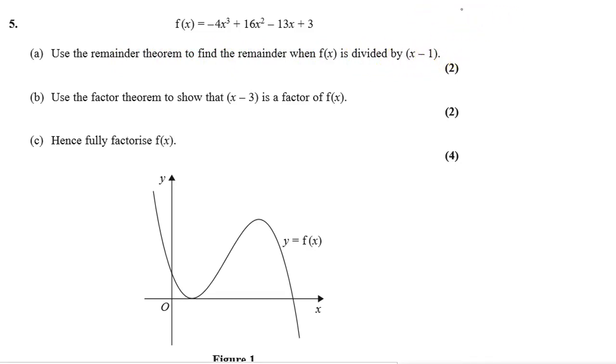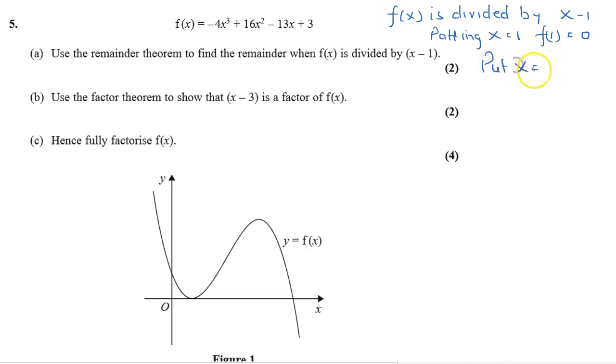So if f(x) is divided by x minus 1, then by putting x is equal to 1, f(1) will be 0. So just put x is equal to 1.